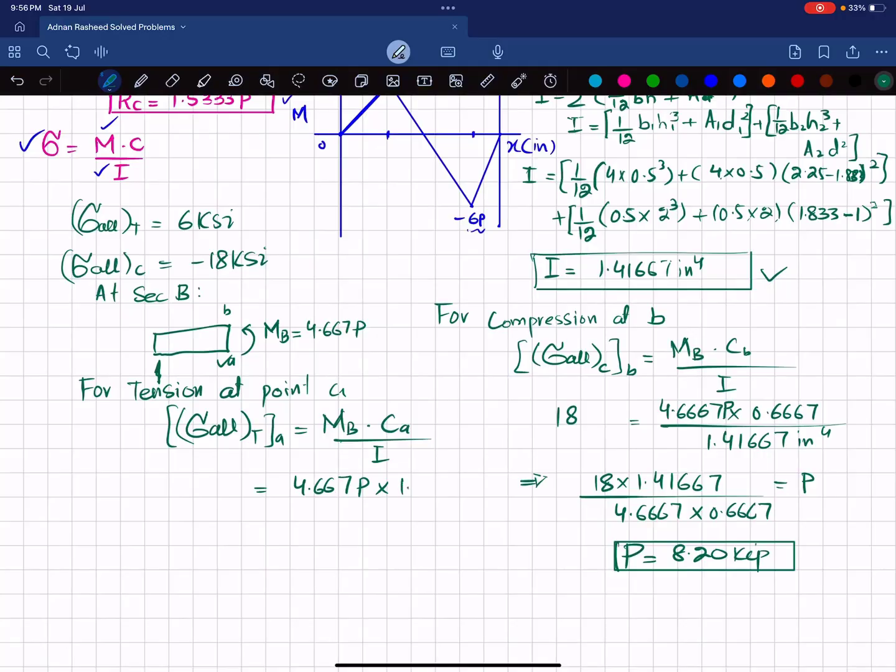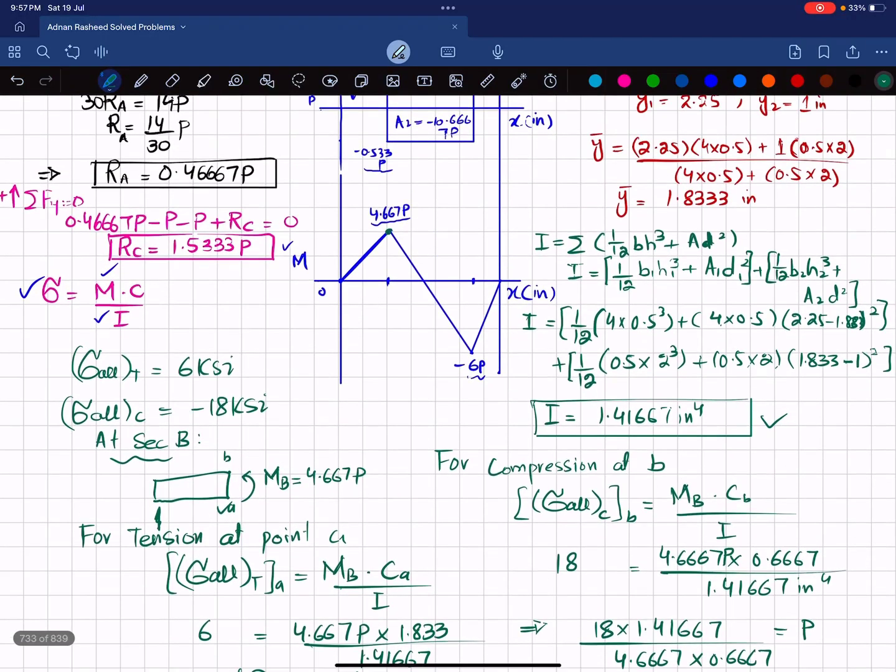So I can write 1.833 divided by I is 1.41667, and allowable stress is 6 ksi. So from here, now you can solve it and you will get P will be equal to 0.994 kips. Okay. This is for the section B only.